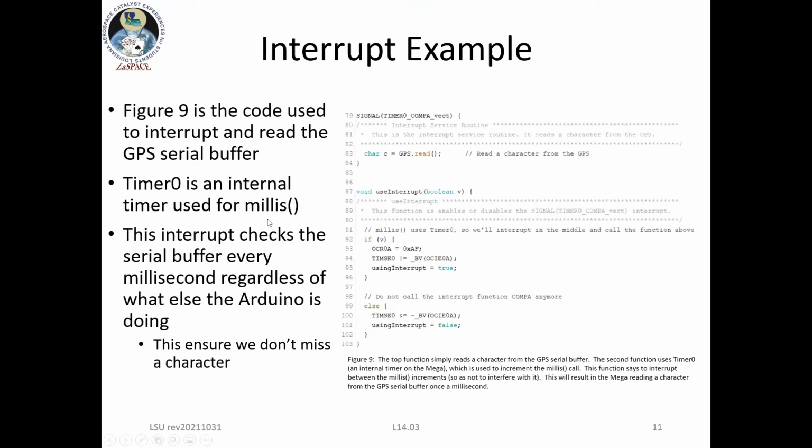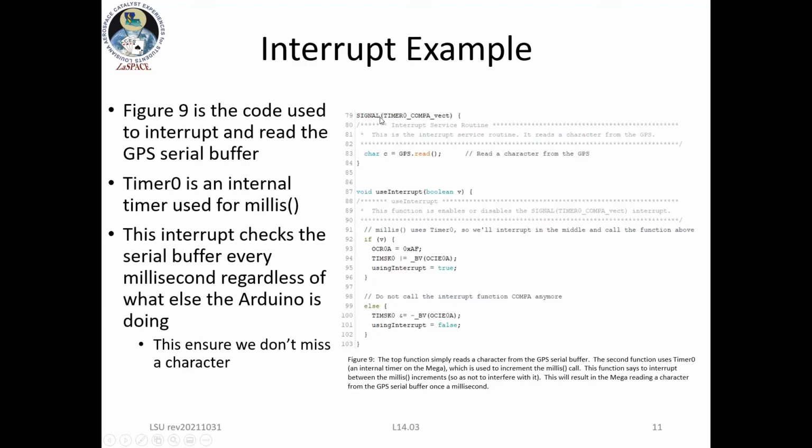So this is what that code looks like. There's actually two functions here. We have this signal function up top, and this is the function that gets called on the interrupt. So this is what's called an interrupt service routine, and you may see ISR instead of signal.